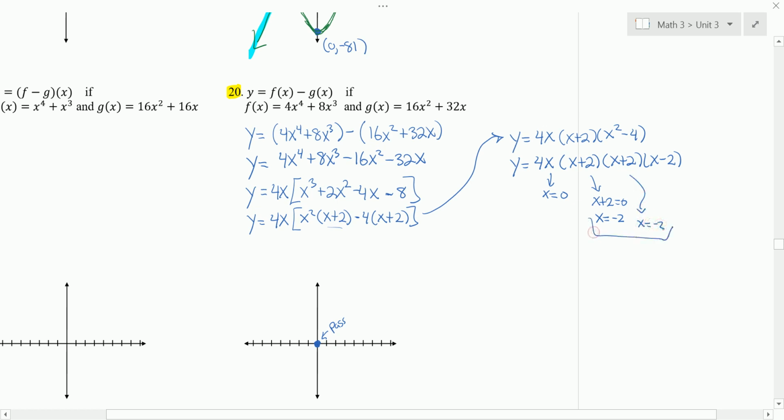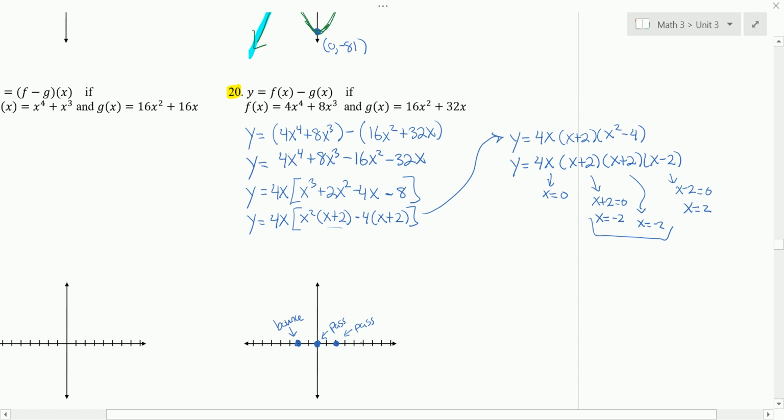So we have a multiplicity of 2 at negative 2, so it's going to bounce at that point, because the multiplicity is even. And the last one, when x minus 2 is 0, we get x is 2, and there's only one of those, so the multiplicity is odd, so it's going to pass through that one as well.